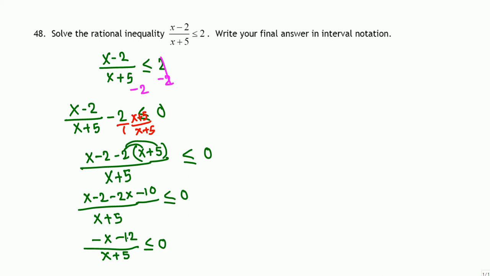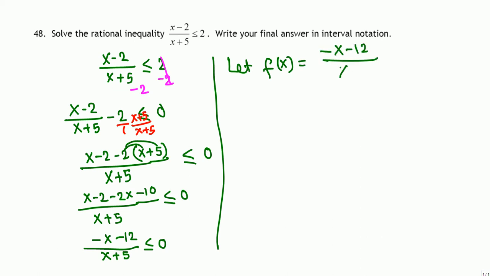Okay, so let's say this is the function. The function is (−x − 12)/(x + 5), and we want to find the x values for which this fraction is ≤ 0. Now to solve, we find the zeros of the top and the zeros of the bottom.